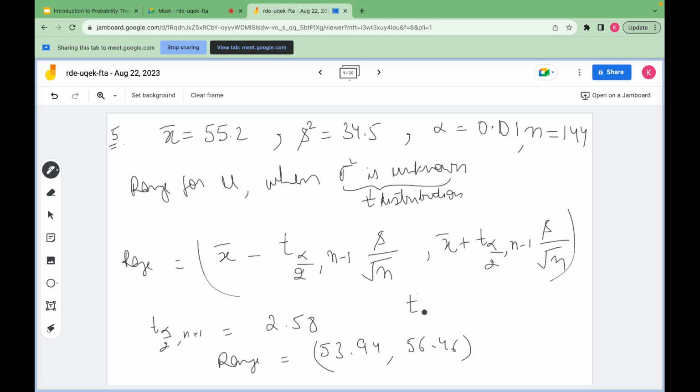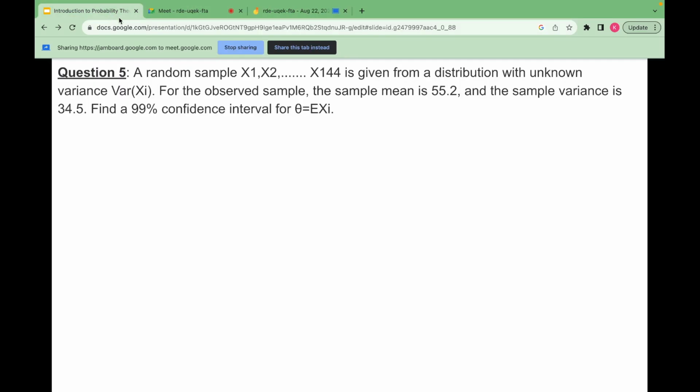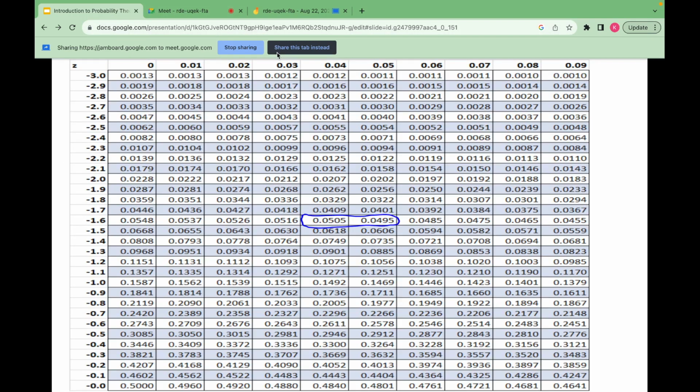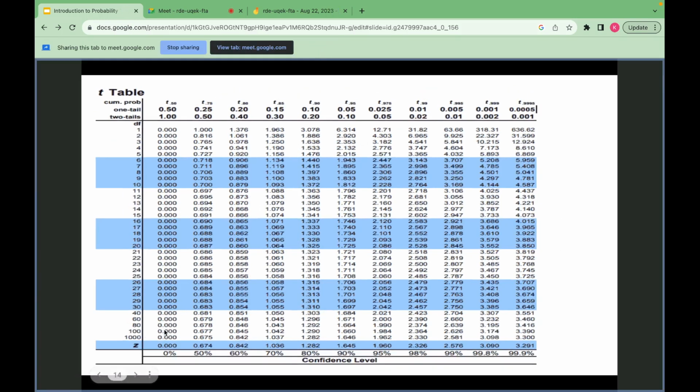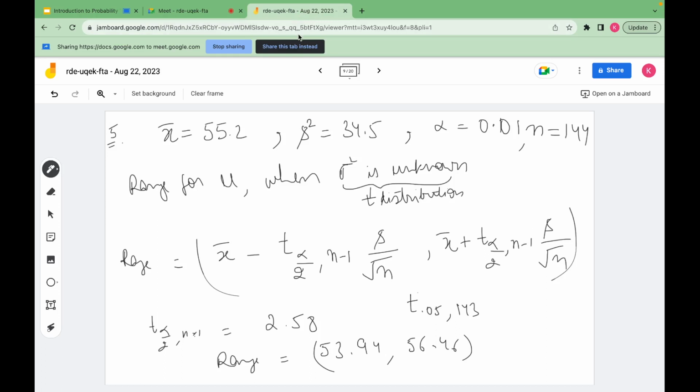So we need to find this for degree of freedom 143, with alpha by 2 being 0.005, because it is alpha by 2, right?